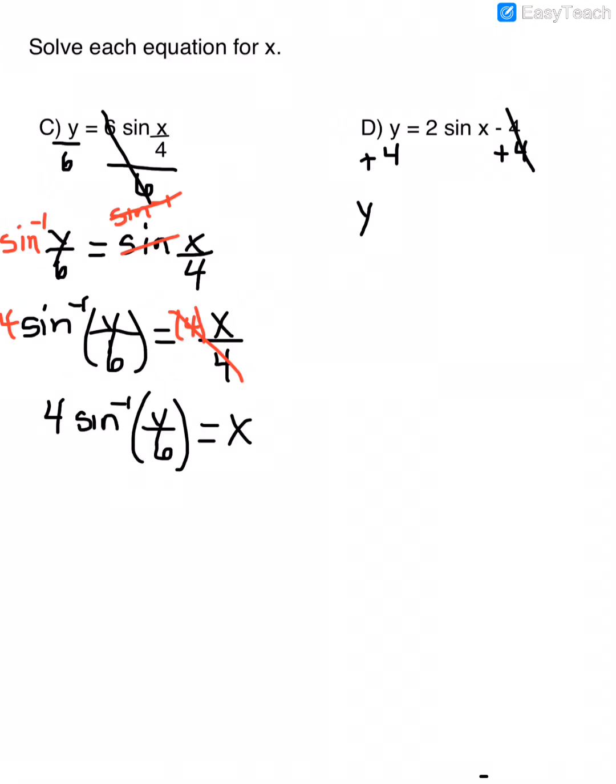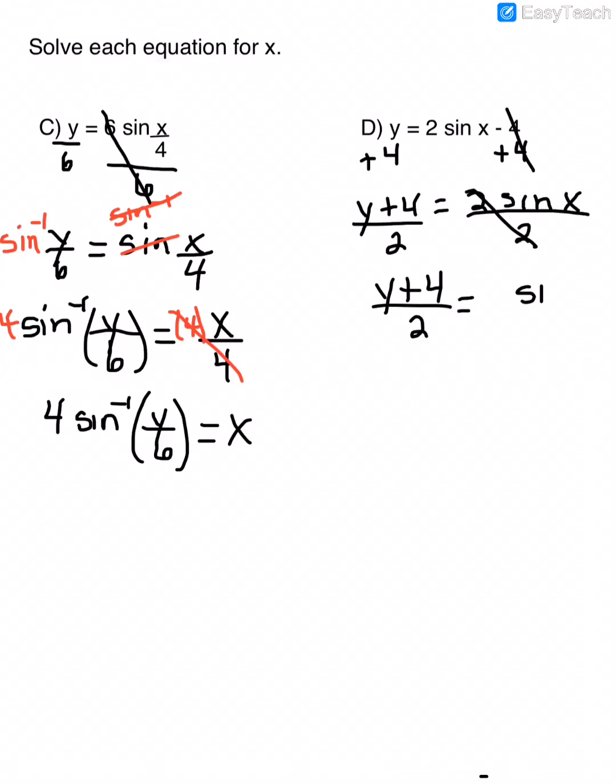That gives me y plus 4 equals 2 times the sine of x. My next step is to divide both sides by 2, and I have y plus 4 over 2 equals the sine of x. And we know to get rid of sine, we're going to take its inverse.